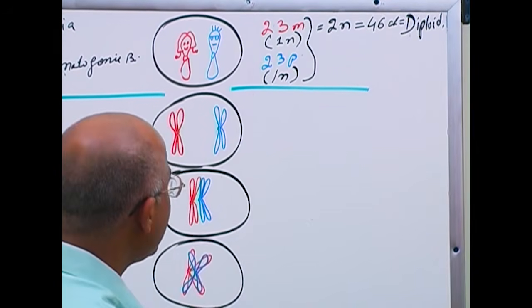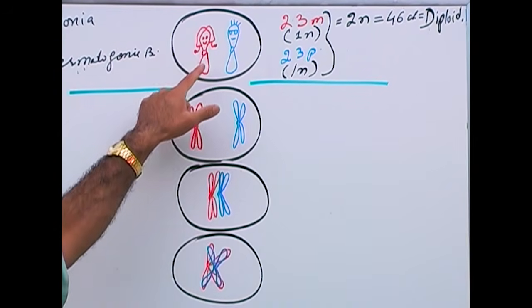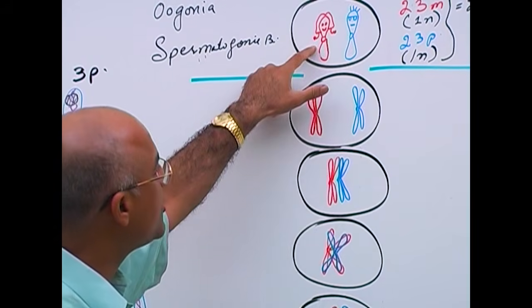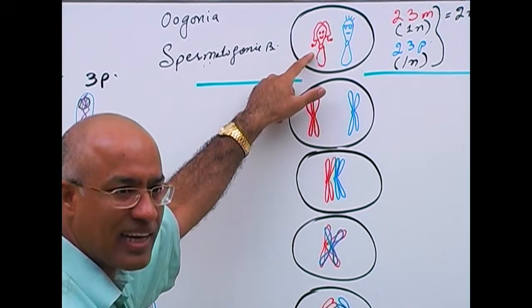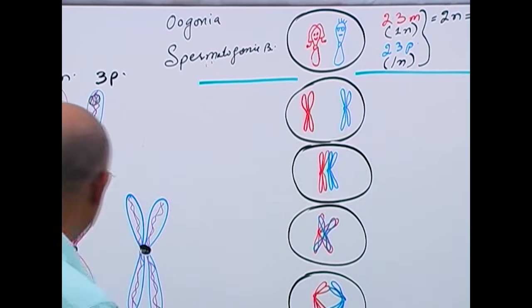Now, another thing, this was about the number of chromosomes. Let's talk about the genetic amount of DNA. Is that right? Now, for the amount of DNA, is this single structured or double structured? Single structured chromosome. And this is also single structured. Now come back here.